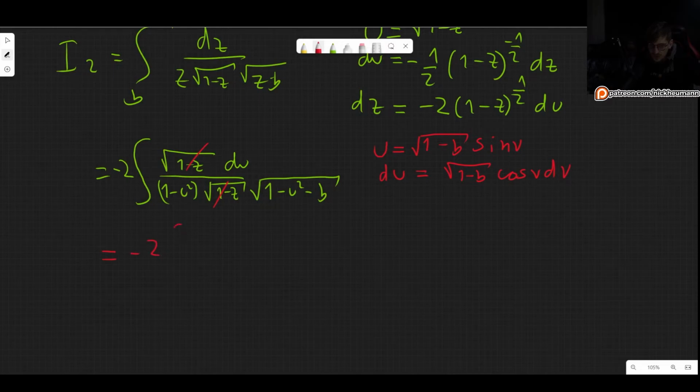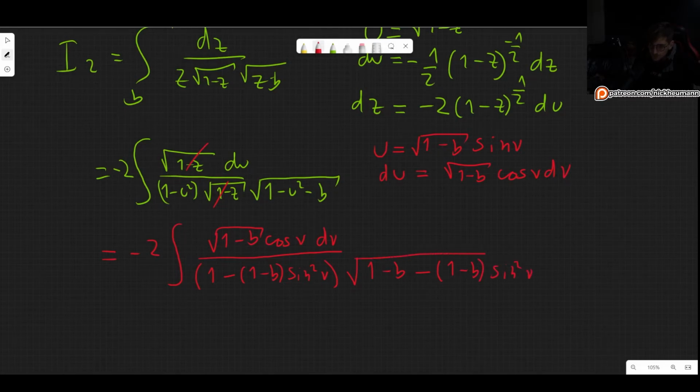Minus 2 times the integral. du is the square root of 1 minus b times the cosine of v dv. Then we have 1 minus u squared, so 1 minus this thing squared, so 1 minus b times the sine squared of v. And then we have this other thing here, the square root of 1 minus b, putting that together, minus u squared, so minus (1 minus b) sine squared of v.